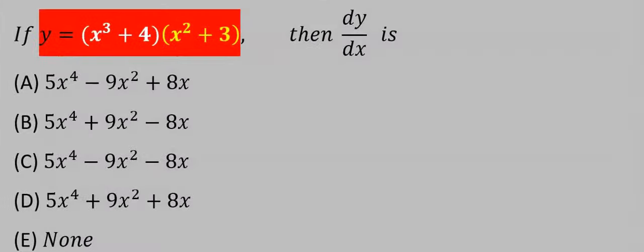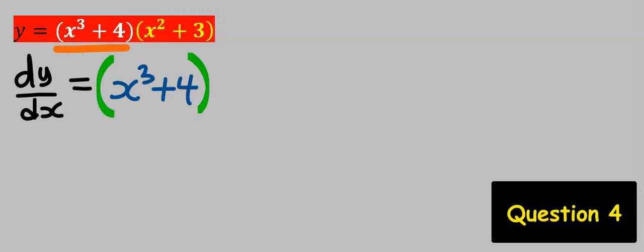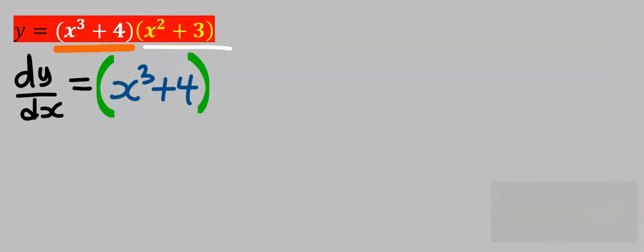Next, let's consider this question. To solve this problem, I'm going to keep this constant and differentiate this. If you differentiate x squared, you're going to get 2x. And if you differentiate 3, you're going to get 0. However, I'm going to let the 0 out.